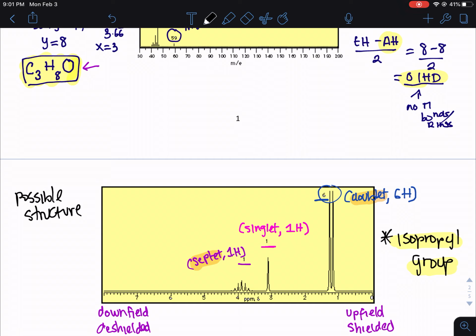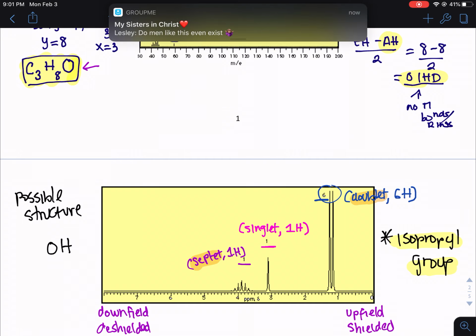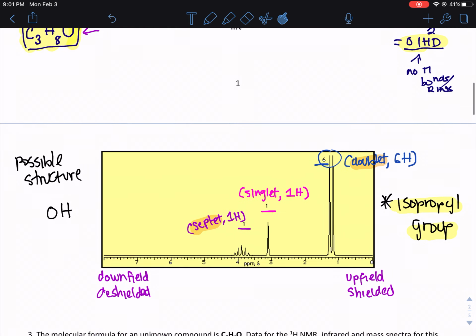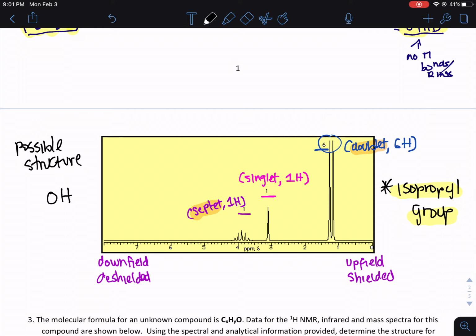We know we have an OH group, so I'm going to put OH there. Looking at what we have in the NMR, a 6H means we possibly have 2 CH3s. 1H could mean a CH. It can also mean a heteroatom, which is an atom other than carbon that's connected to a proton for the proton NMR.